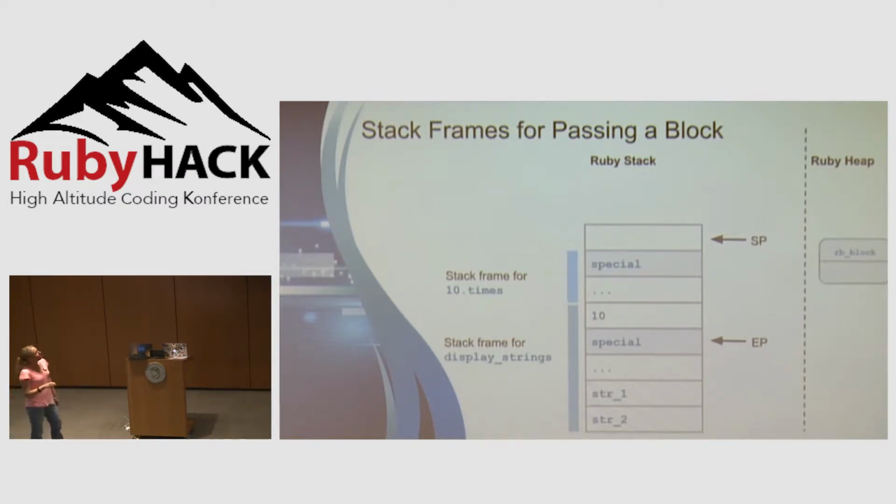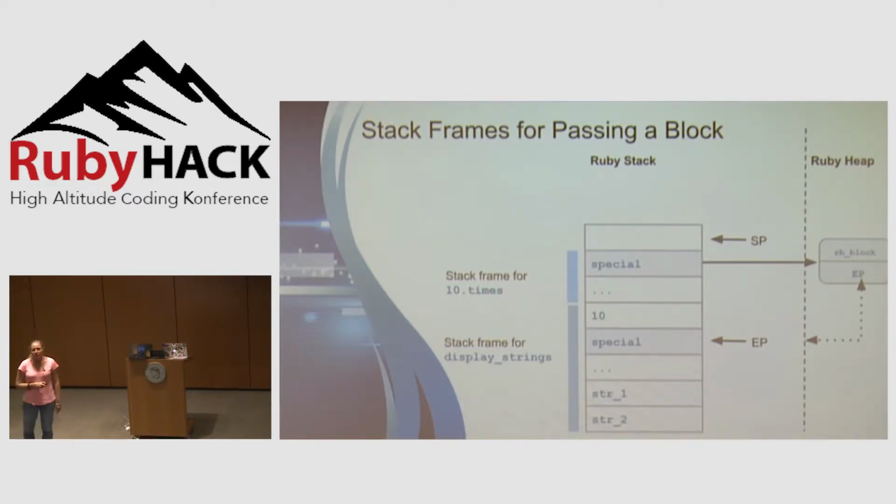Either way, once the block has been created, the value of Ruby's current environment pointer gets copied into the environment pointer property of this block, and the special slot gets set to point to this block on the heap. Okay, so that's passing a block as an argument done. Now times starts executing.